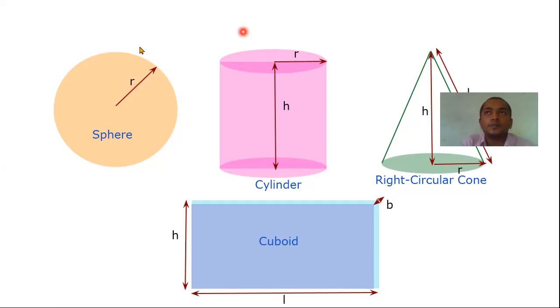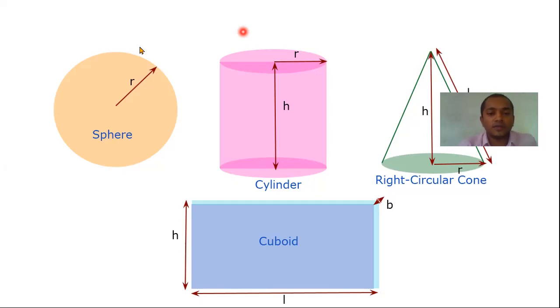In general, when we have to find the area of a circle, we use the formula pi r square. So you can imagine a sphere to be made of four circles from all the different directions. That way it will be easy to remember that the surface area of a sphere is four times the area of a circle. So we come to 4 pi r square, which is the surface area of a sphere.